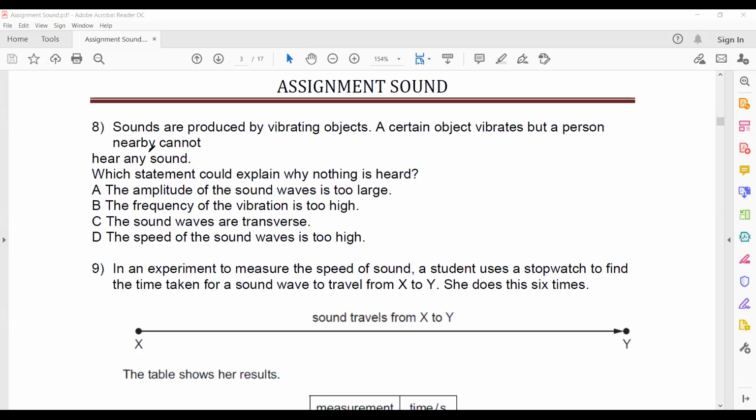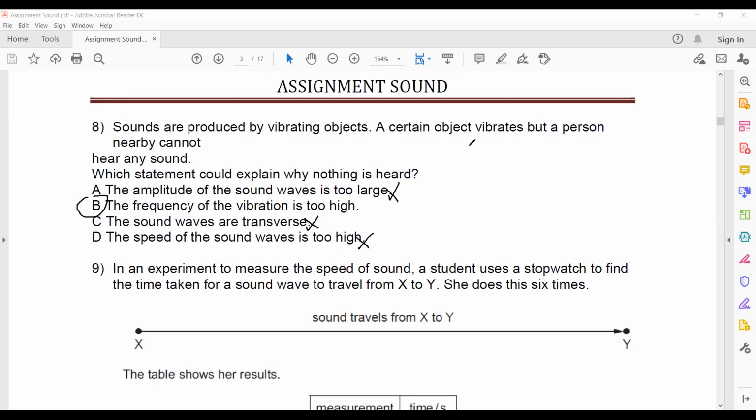If the amplitude is too high, then it should be heard by the person, so it cannot be A. Sound waves are transverse? That's totally wrong. Sound waves are longitudinal. So why can't he hear? Because the frequency of vibration might be too high, maybe not in the audible range.